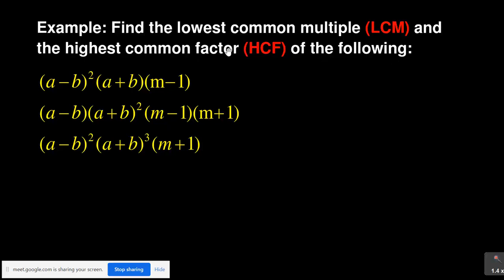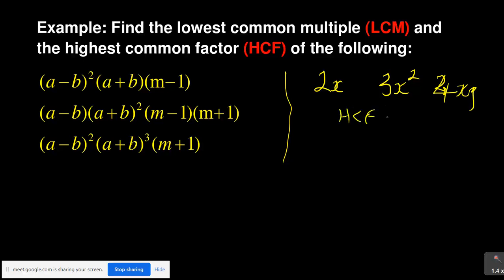Remember, we did numbers previously, where we're looking at simple ones like 2x. Sometimes they'll say find the common factor between 2x and 3x squared, and maybe 3xy, 4xy, whereby we look at the HCF individually and then the LCM. Now we did this in the previous chapters, okay?